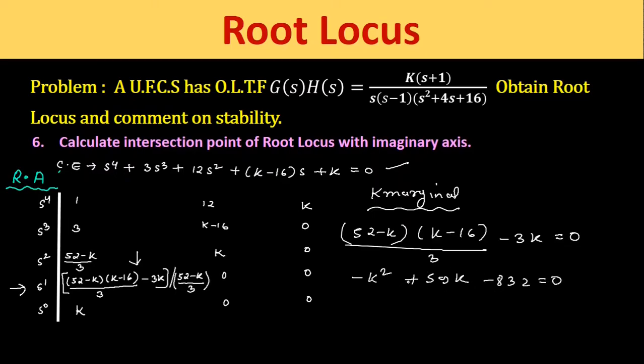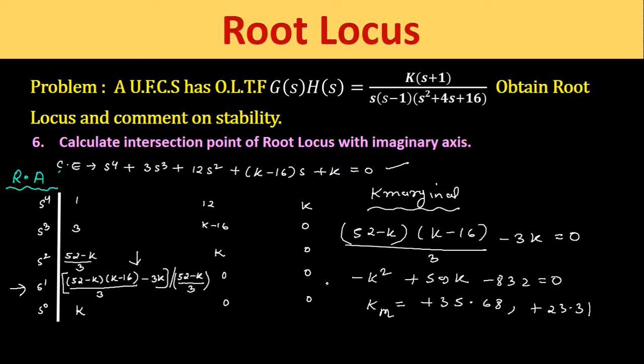When we solve this equation, we will get two roots: k is equal to plus 35.68 and k is equal to plus 23.31. So we are getting two values of k marginal. These are the k marginal values.